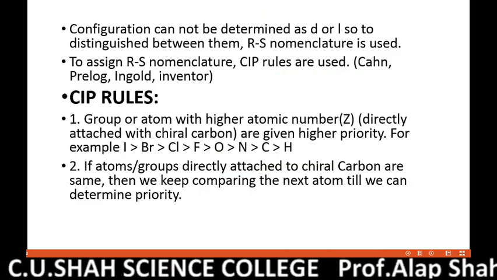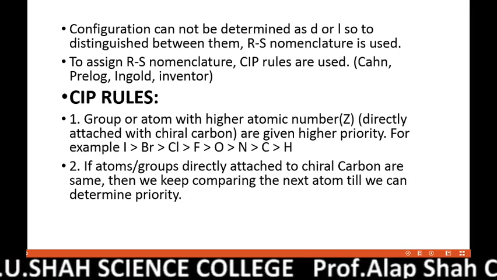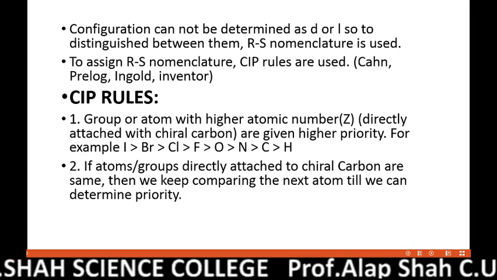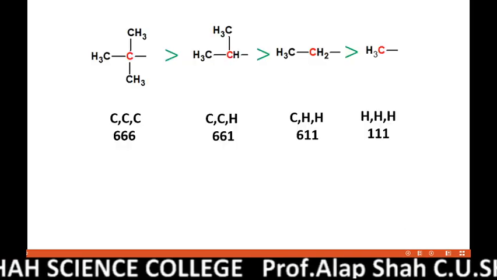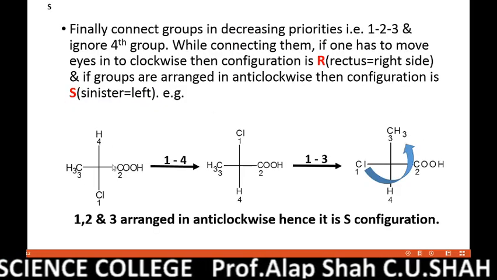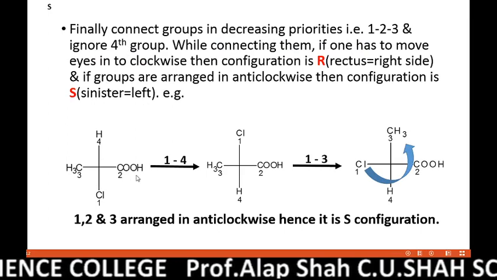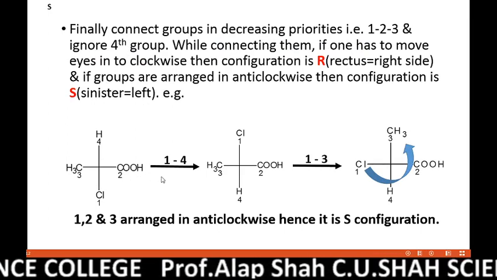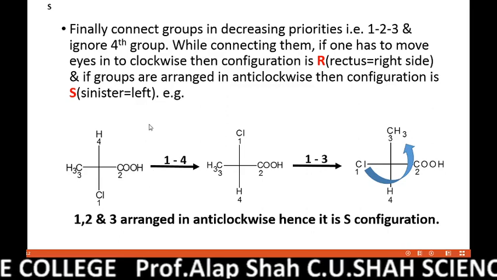So first of all, let us try to understand why and when RS nomenclature is used. Suppose we are given this compound, and you know that we can also write its enantiomer, its mirror image.